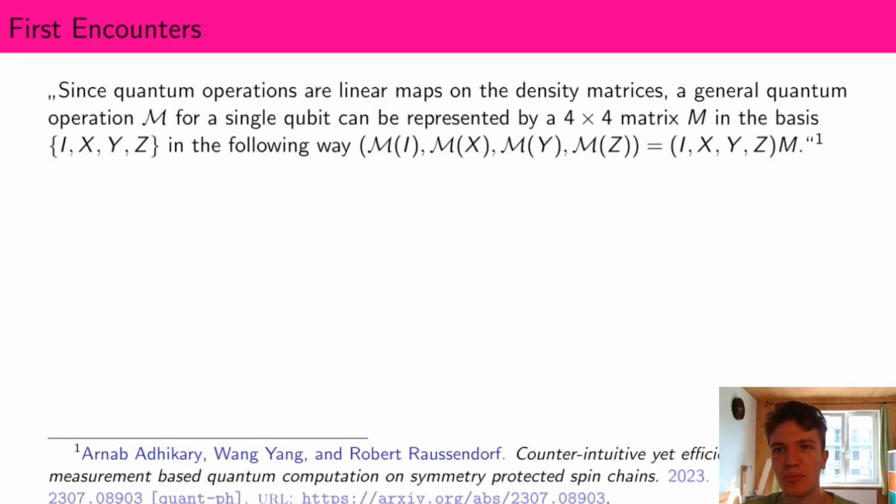I haven't heard the name Pauli transfer matrix before, but after I read the definition, I remembered that I saw something like this before, but without the name Pauli transfer matrix. So I got a quote from that paper where I saw it the first time, and I think it quite accurately describes it as a representation of linear maps into the Pauli basis.